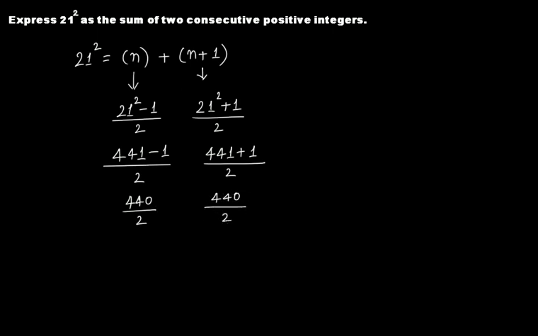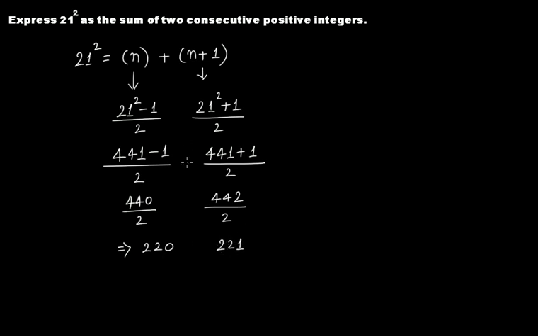You get 440 divided by 2 and, sorry, I've again made a mistake, 442 divided by 2. I'm sorry. So this gives you 220, and this gives you 221. Right?